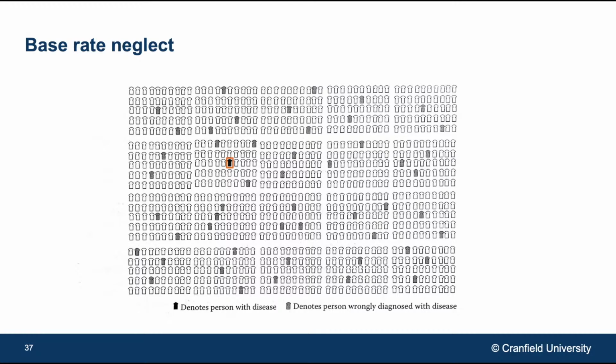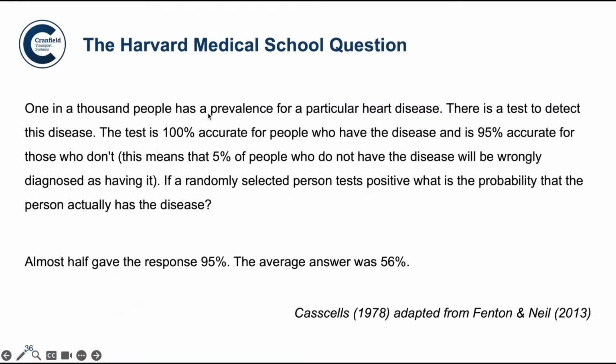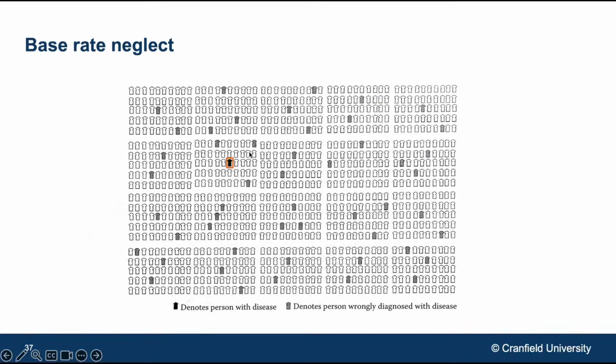So here we have 1,000 people. Now, 50 people get a false positive, and those people are shown in little grey things there. Out of those 50 people, only 1 actually has the disease. Remember that right at the start of that question, 1 in 1,000 people has the disease.